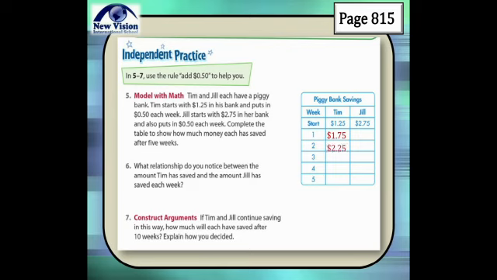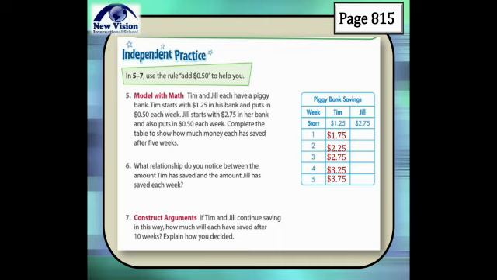Plus 0.50 we have 2.75. Plus 0.50 we have 3.25. Plus 0.50 we have $3.75 in week 5.